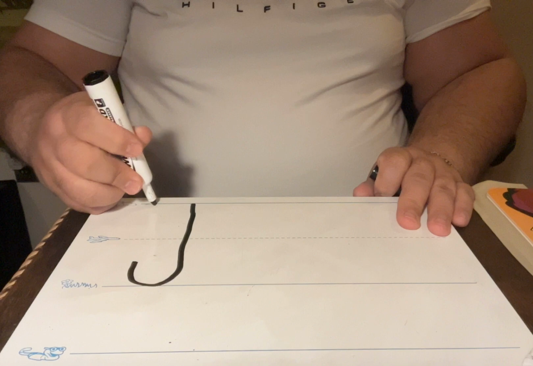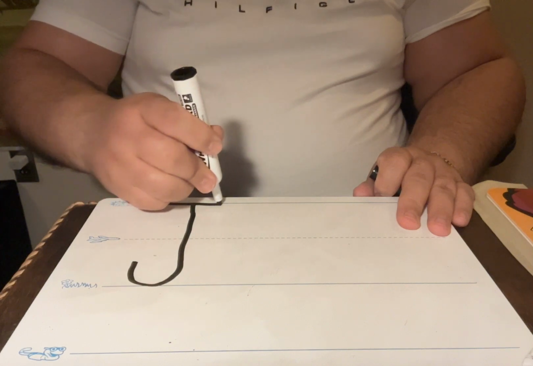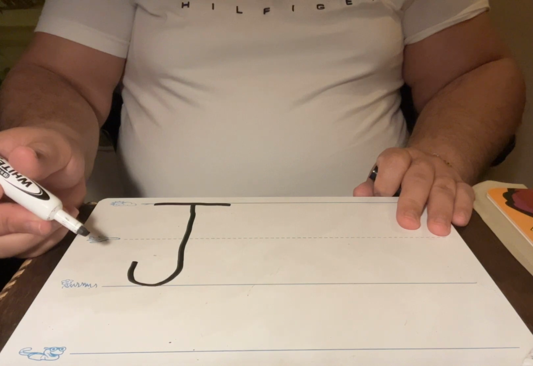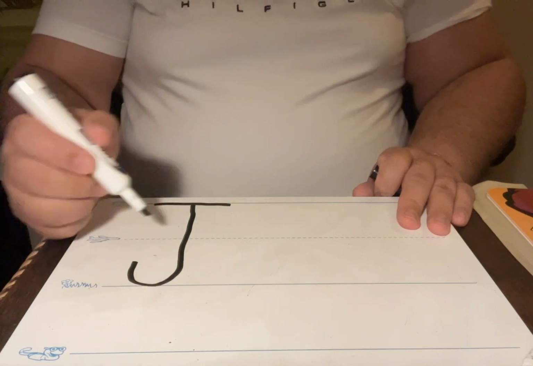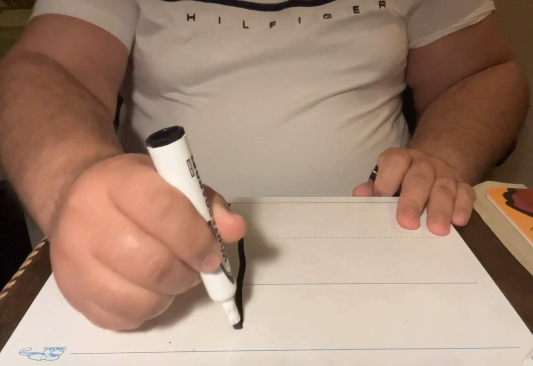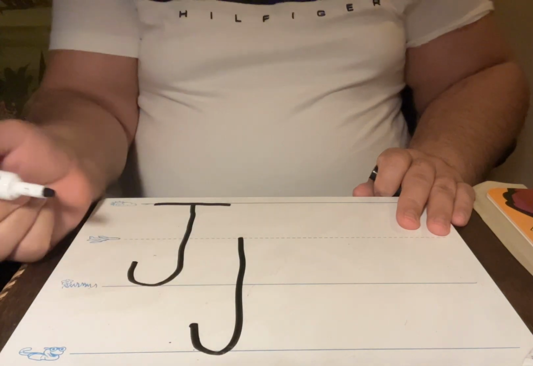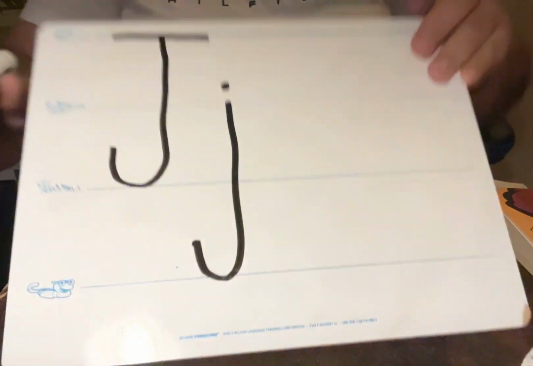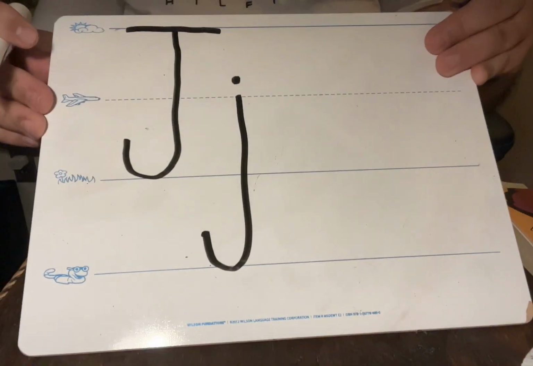And then put a little hat right around the J across the sky. Okay? Then the lowercase j. You start on the plane line, come down to the worm line. And then come back up here and make a sprinkle. And that's J, jug, J.